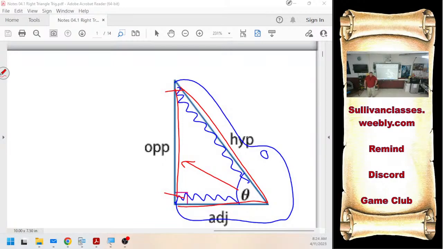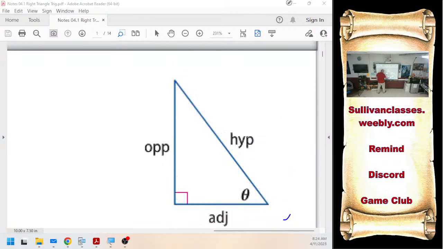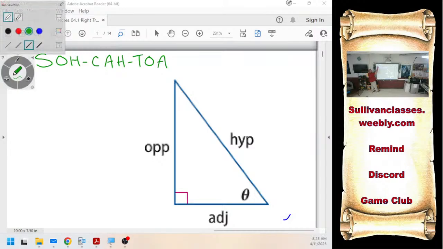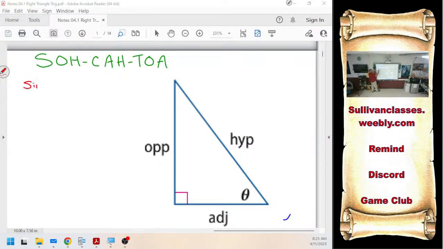Okay? So defining those allows us to start getting our trig ratios. You were all introduced to SOHCAHTOA, at least in geometry, if not earlier. Technically the way it's written is the sine of theta is opposite over hypotenuse.